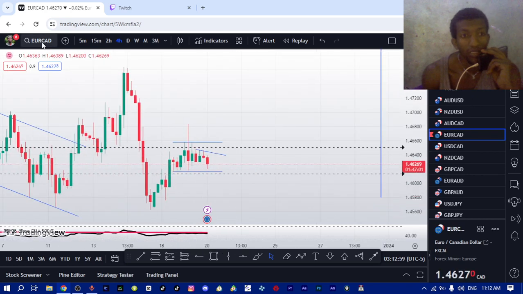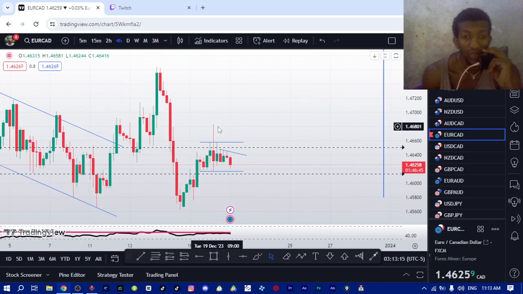As you can see, this is Euro CAD right here, and all I want is for the euro to break this consolidation area. This area has to be broken, right?